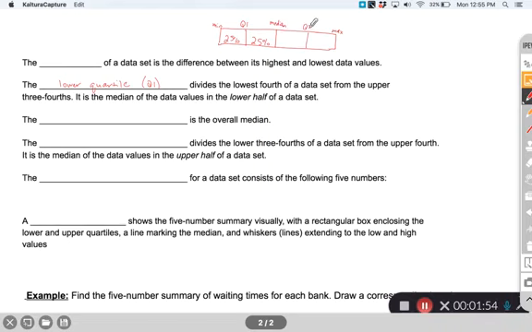Then I have my third quartile here, which is separating the upper half of my data. So I still have 25% in each of these quartiles. So we have the middle quartile, which is actually just the median. Sometimes we'll see this referred to as Q2. And then we have our upper quartile, which is that Q3.